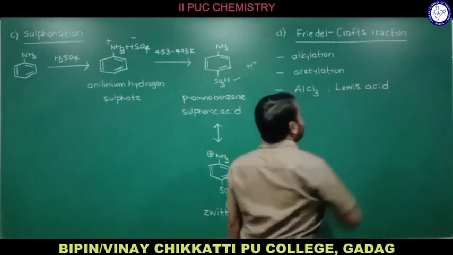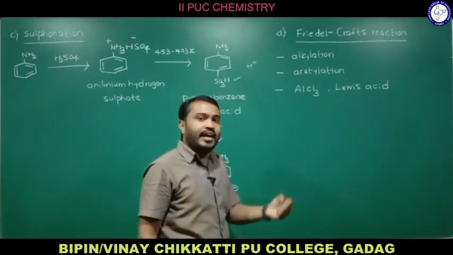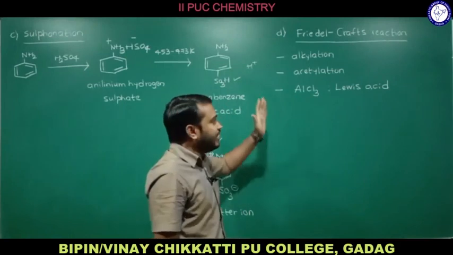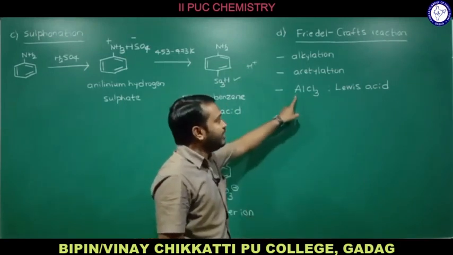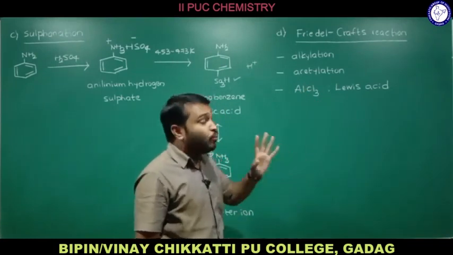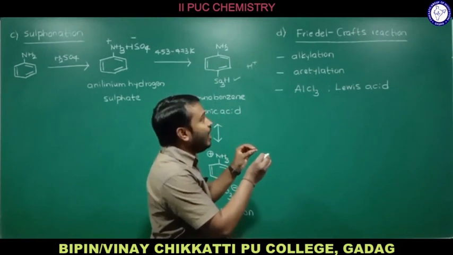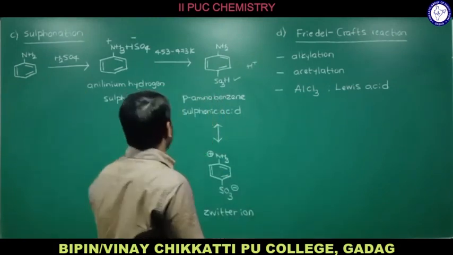This is a Lewis acid because it has the ability to gain a pair of electrons. AlCl3 receives a pair of electrons, because of that AlCl3 is a Lewis acid, and that acts as a catalyst. So what happens when AlCl3, in a Friedel-Crafts reaction, is considered? I am going to talk about aniline.